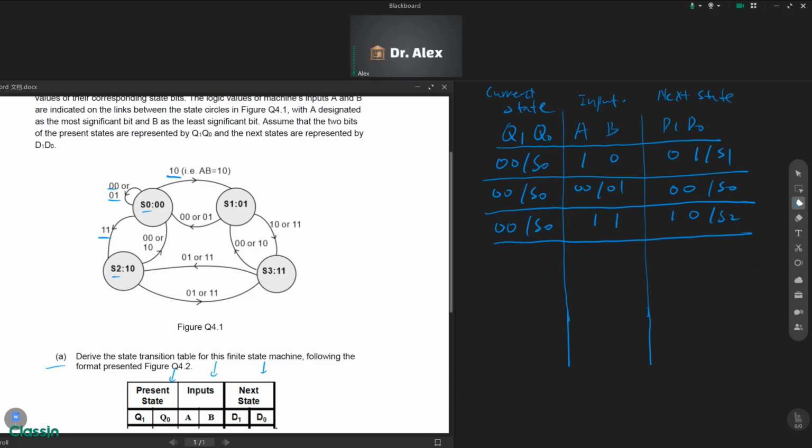Okay, next we will start from state 1, S1. So it's 01 for state 1. We can see there are only two arrows pointing outside. Okay, so if the input is 00 or 01, it will go to state 0. Okay, which is 00, state 0.